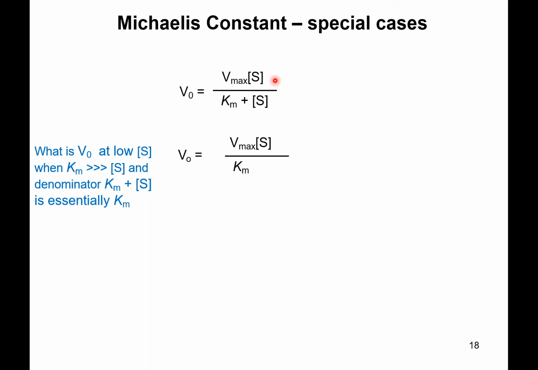In the denominator here, if Km is much higher than substrate concentration, adding that concentration to the Km isn't going to do much. So you can really kind of ignore that. And this would simplify to Vmax times substrate over Km.